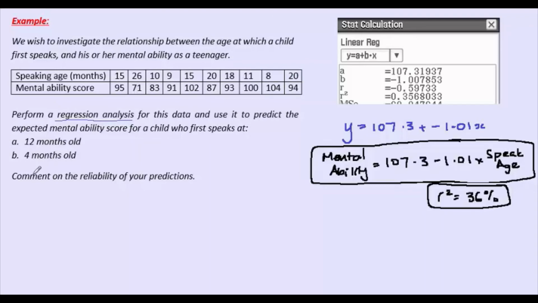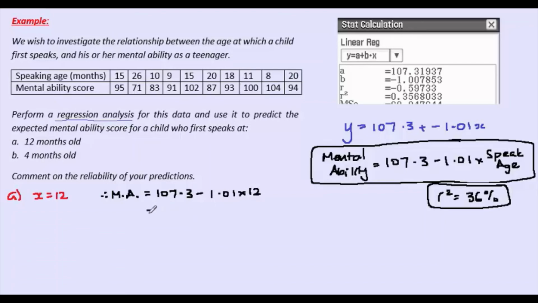So let's do that. A 12-month-old speaker, that means the speak age, or X, is 12. Therefore, let's work out our mental ability score. Our mental ability score will equal 107.3 minus 1.01 times 12.